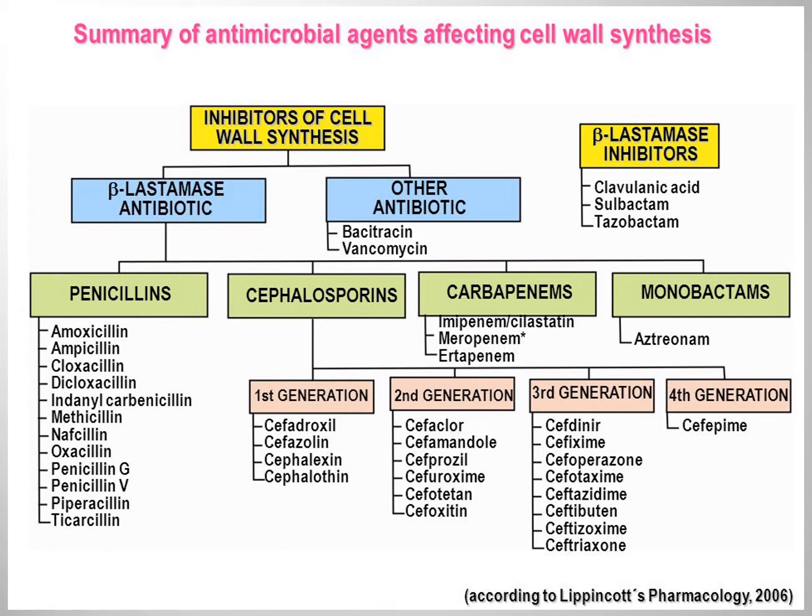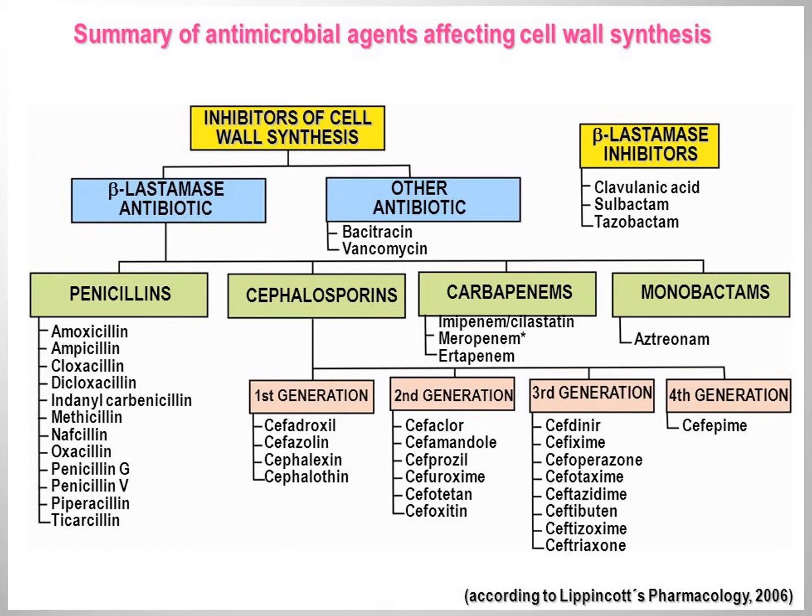So, as an example, first generation cephalosporins tend to be very effective against gram-positive bacteria, such as Staphylococcus and Streptococcus. And as the generations go further and further on, third generation, fourth generation, and so on, they become much more effective against gram-negative bacteria and less effective against gram-positive.